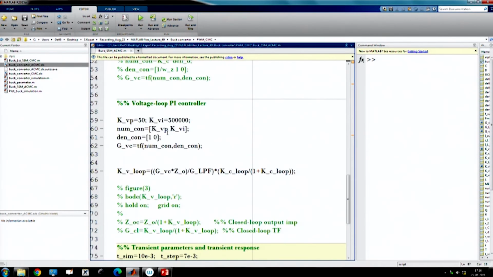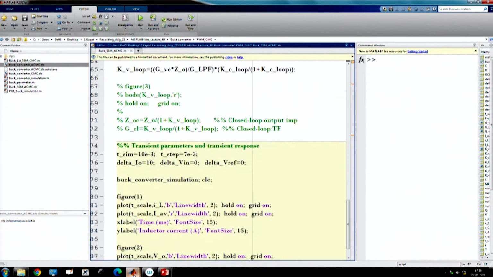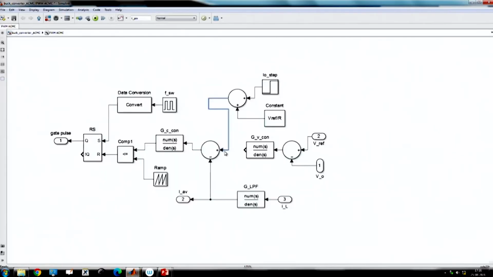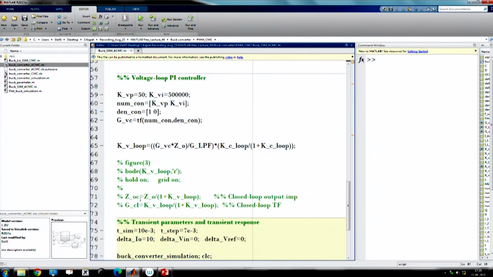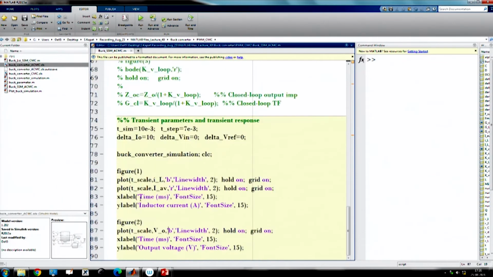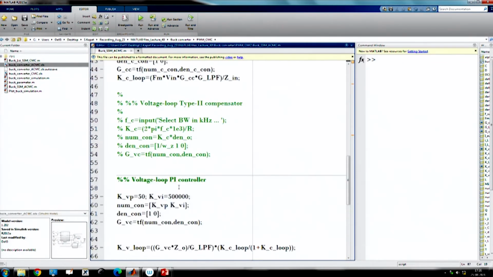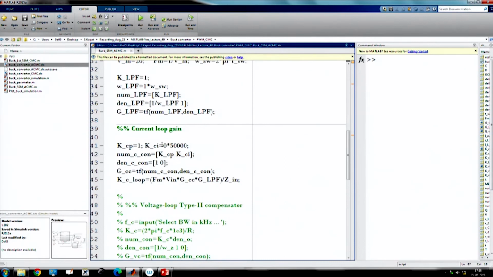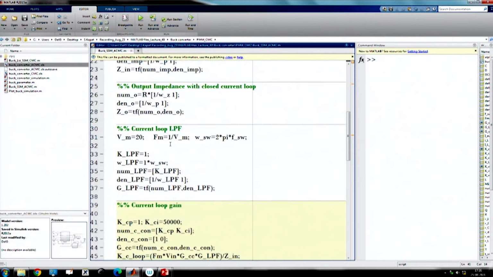First, we have disconnected the loop, that means the outer loop is no longer there. Now we are putting the integral action back in the current loop, because the current loop should have an integral action in order to track perfectly, right.